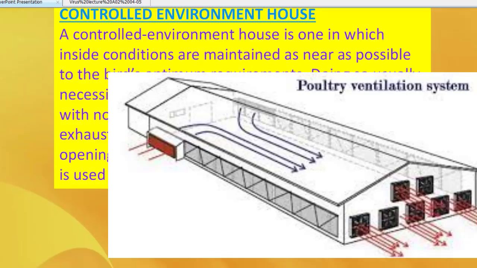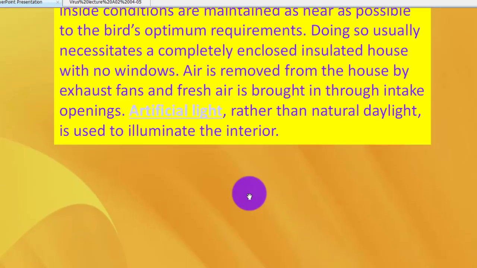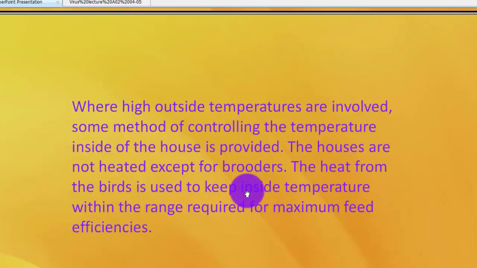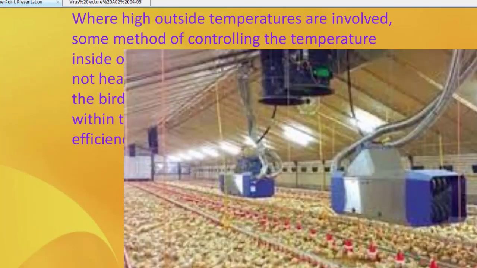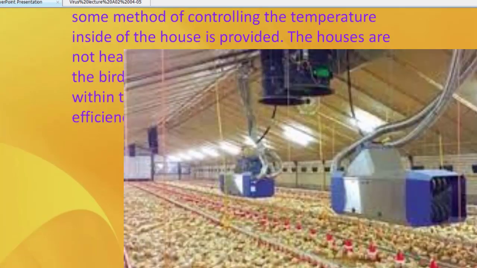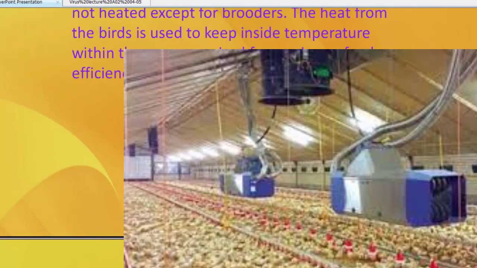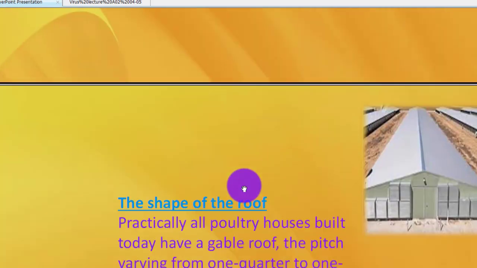Artificial light rather than natural daylight is used to illuminate the interior. Where high outside temperatures are involved, some method of cooling the inside of the house is provided. The houses are not heated except for brooding. The heat from the birds is used to keep the inside temperature within the range required for maximum feed efficiency.